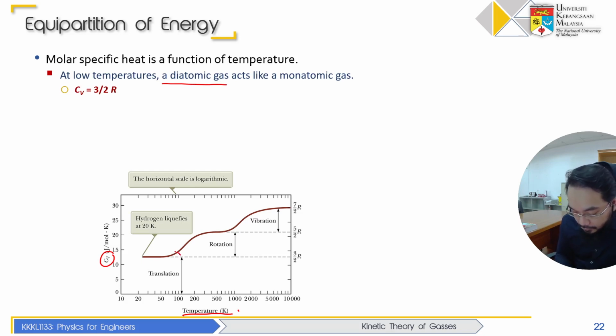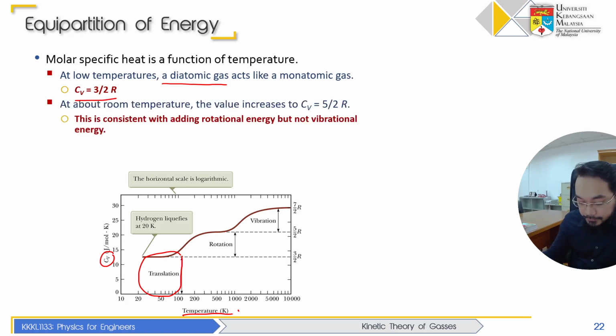Here only translational motion is being taken into account, and therefore CV equals 3/2 RU. As you increase the temperature, the CV value starts to change. It starts to go up until roughly around room temperature. At room temperature, it becomes more or less constant, whereby CV at this point equals 5/2 RU.